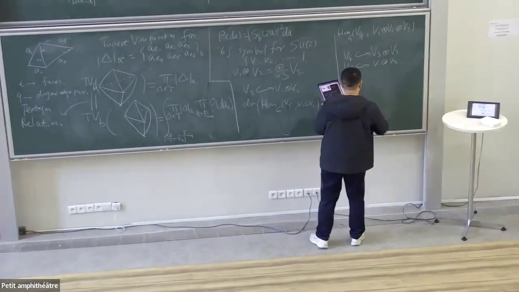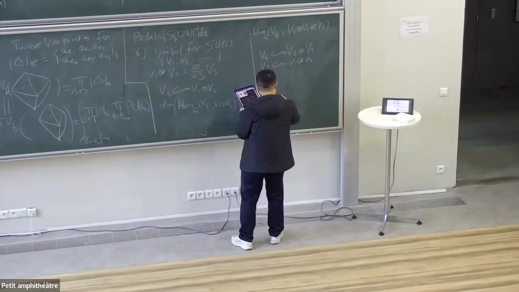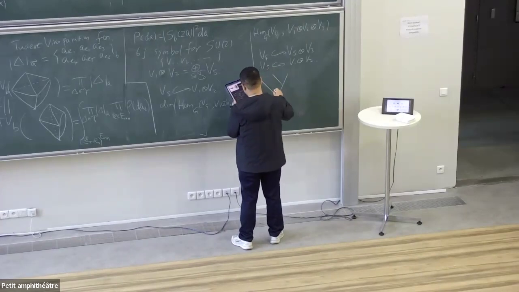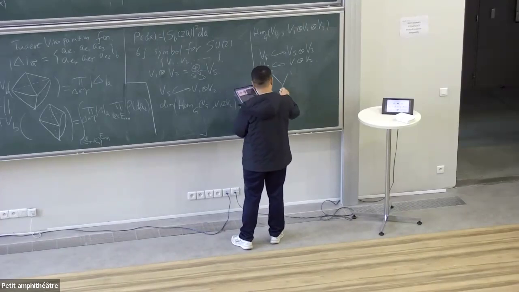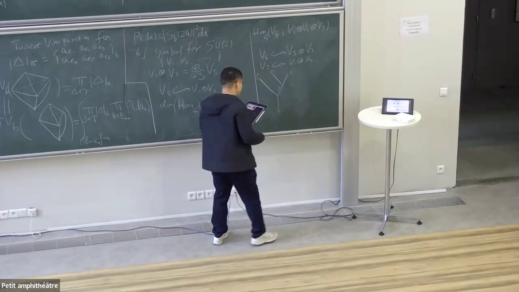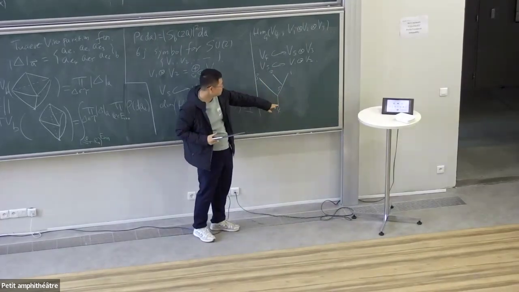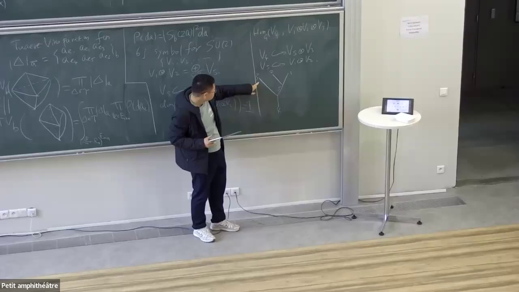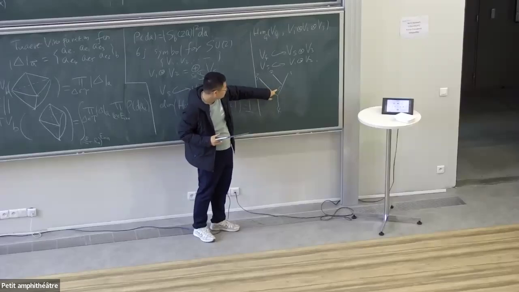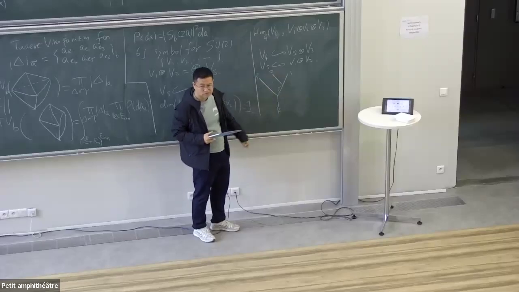And we can use the following diagram to write this. This is the thing that I first embed before using some VS tensor V3, and then I embed this VS into V1 tensor V2.